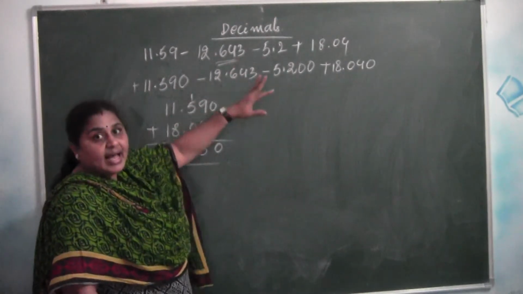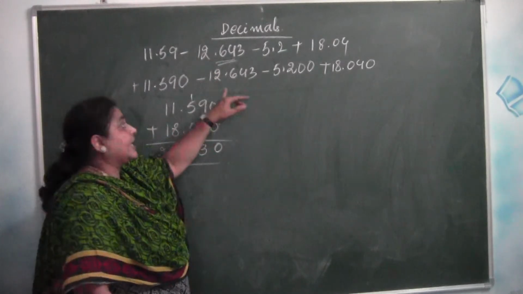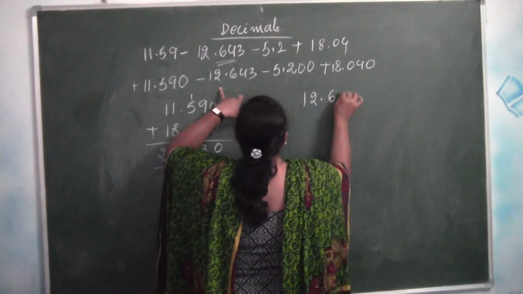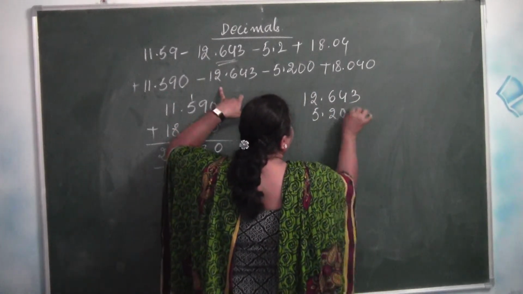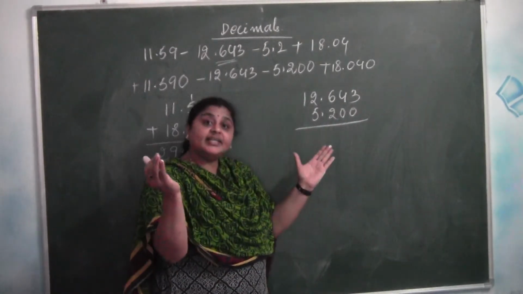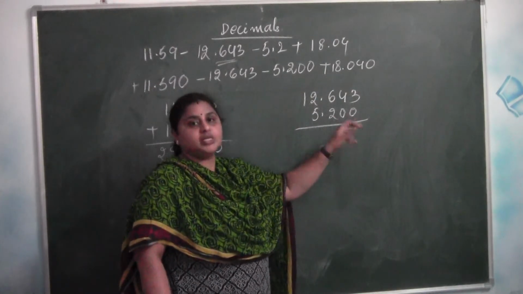Now let us add the other numbers that have the minus sign. What are the decimal numbers that have the minus sign? 12.643 and 5.200. You cannot read it as 5.200; you have to split the digits and read it properly.